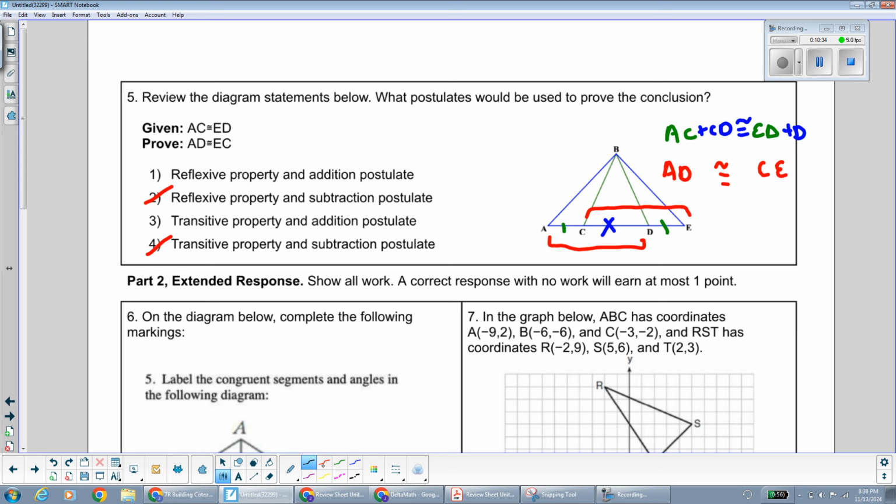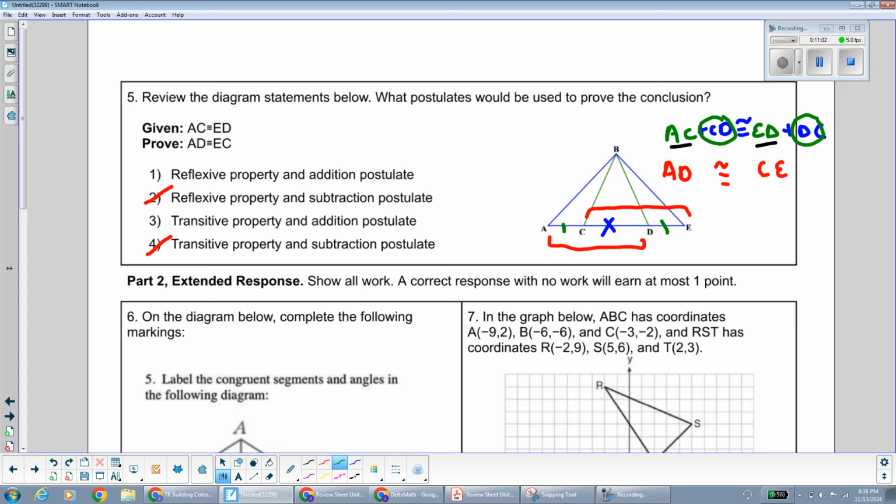So we started with two congruent segments. We were told they were congruent in the givens, but we have to be adding two congruent segments as well. Let me fix that. It just says D. That should be DC. So we do have to know that CD and DC are congruent in order to add them, because we have to start with congruent and add congruent in order to make sure our sums are congruent.